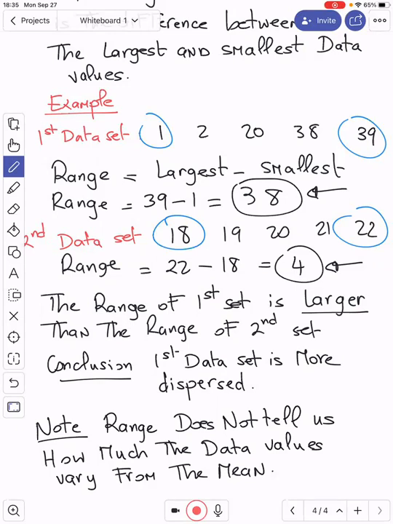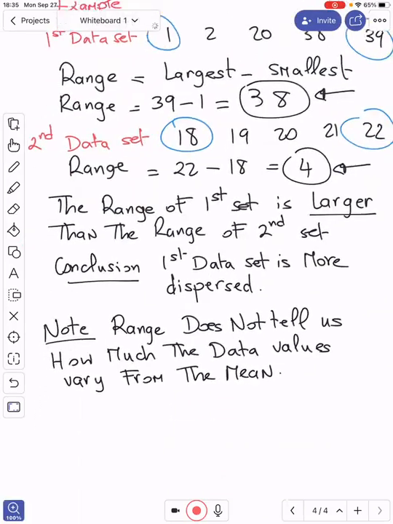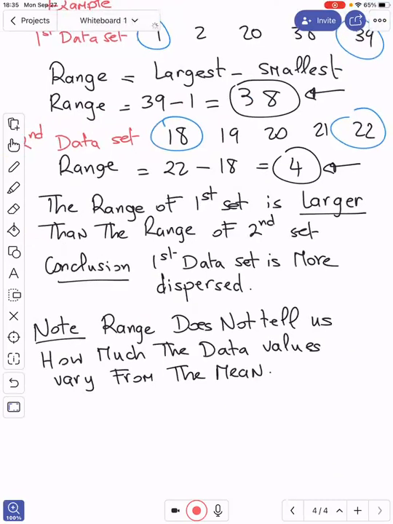Now, next, we have the main and most important measure of variation, called the variance and the standard deviation.